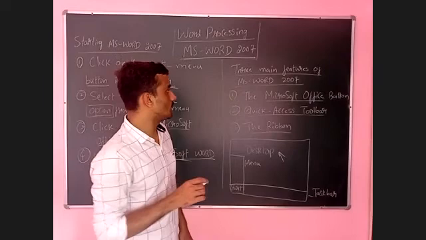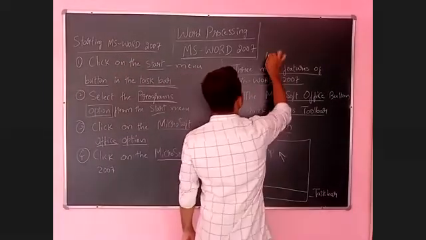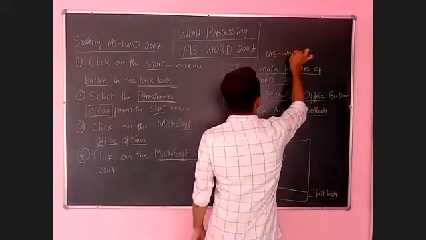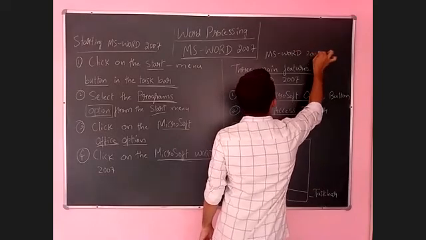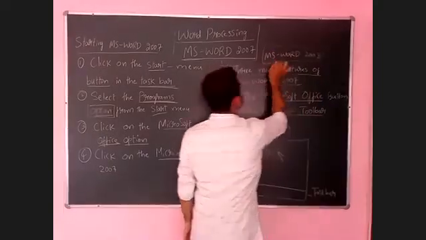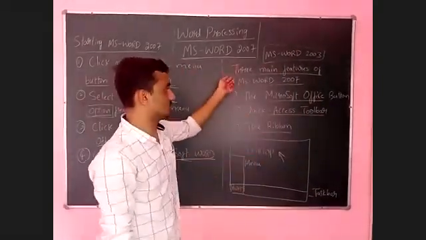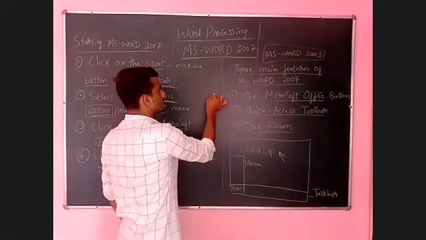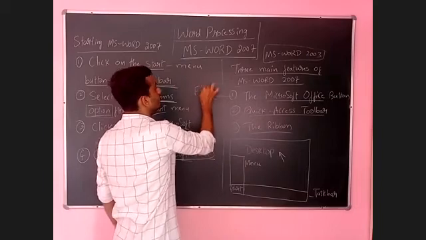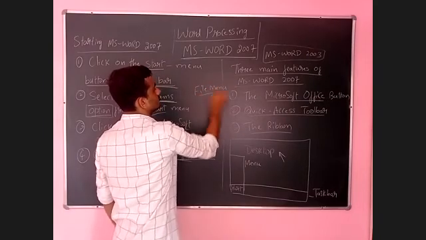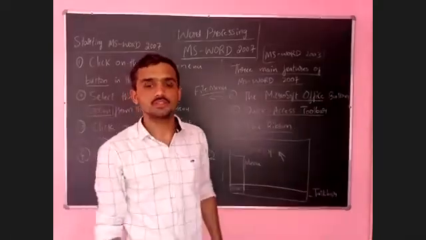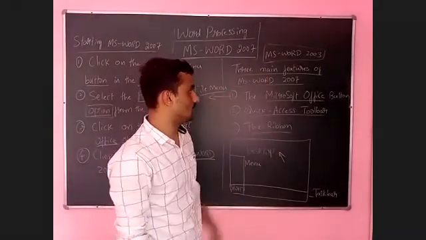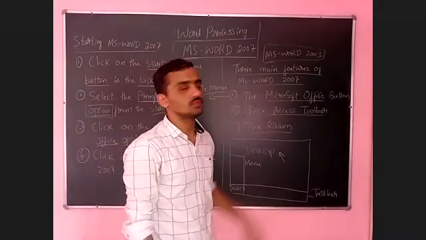When we look at MS Word 2003, or the previous versions of 2007, the Microsoft Office button is nothing but like a file menu. The file menu present in previous versions of Word has become the Microsoft Office button.